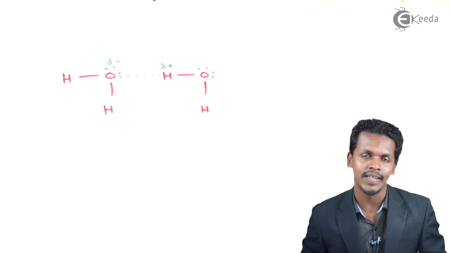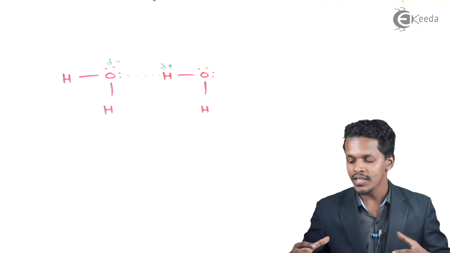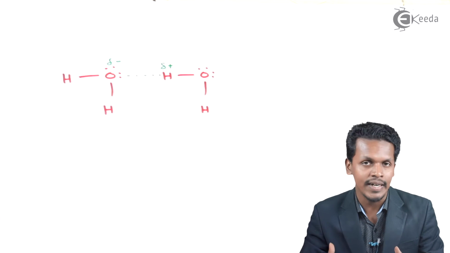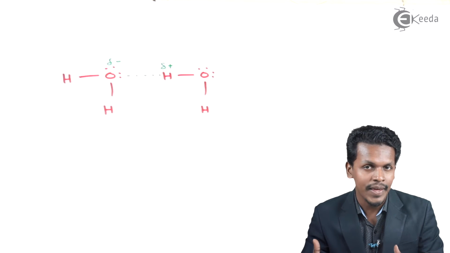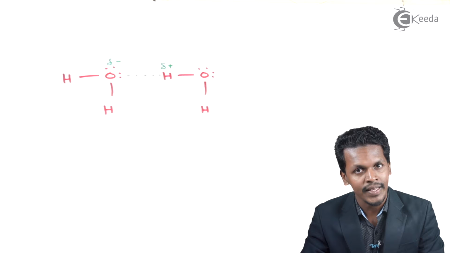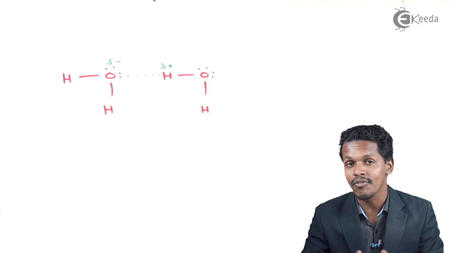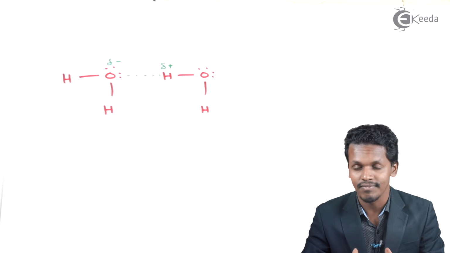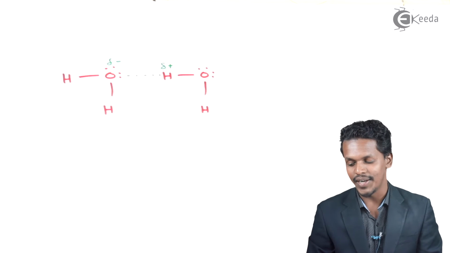This is how hydrogen bonding takes place, and that extra interactive force between two molecules explains why H2O is in liquid state, while others like H2S do not form a liquid state compound. So this is where it is different.